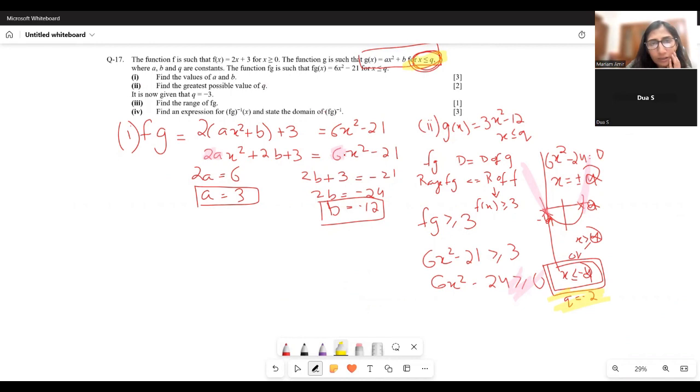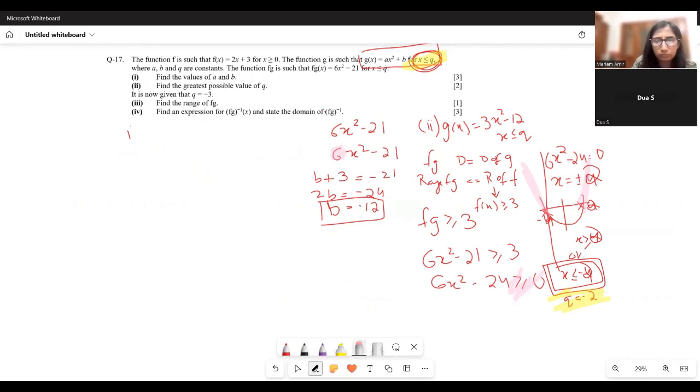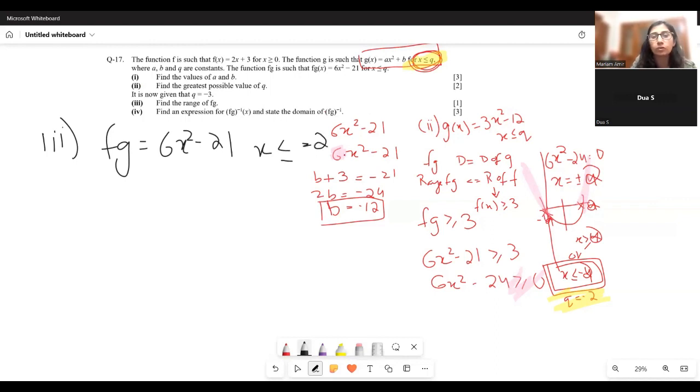It is now given that q is equal to -3. Find the range of fg. Okay, now we need to find the proper range of fg. Let's see, what is fg? fg is 6x squared minus 21, where x is less than or equal to -3.